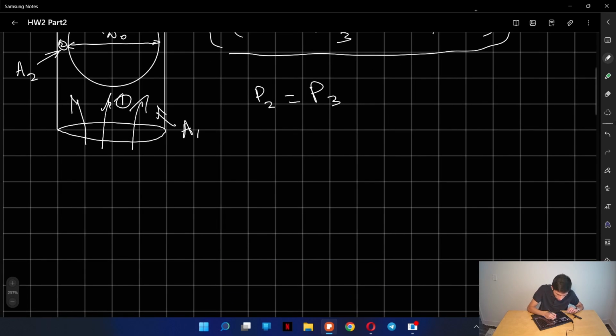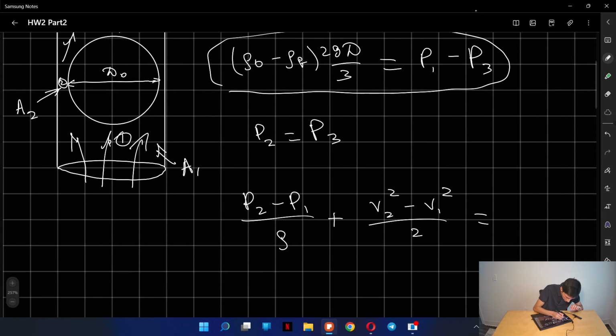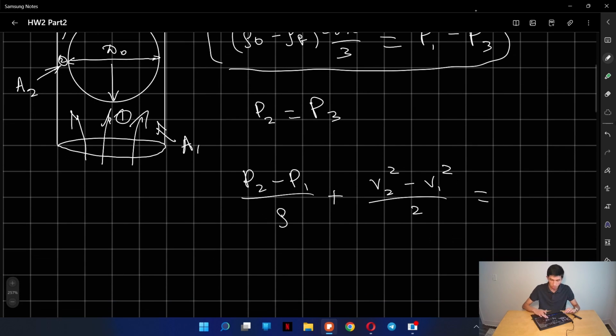Okay, so I'm going to say the pressure at point 2 minus pressure at point 1, over the density, plus the velocity at point 2 squared minus velocity at point 1 squared, over 2. And I'm going to consider this small change in height to be almost negligible because the height, the diameter of a ball, is so small, so we can neglect the potential energy change in our equation.